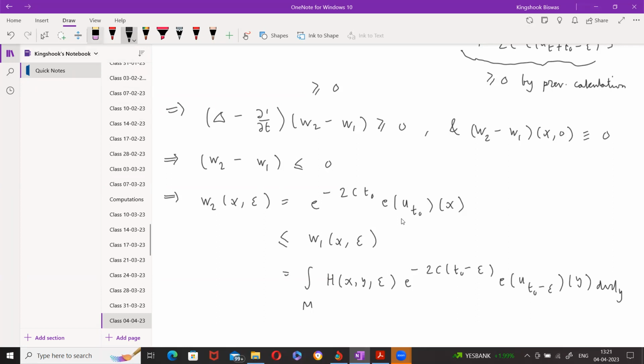Okay. So I have an e to the minus 2c t naught here. I also have an e to the minus 2c t naught here.